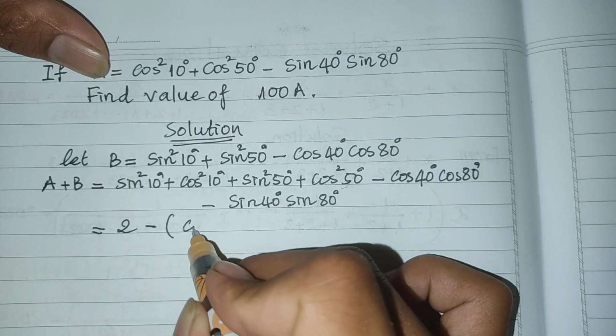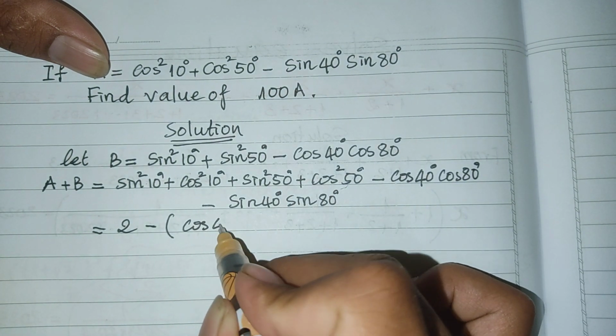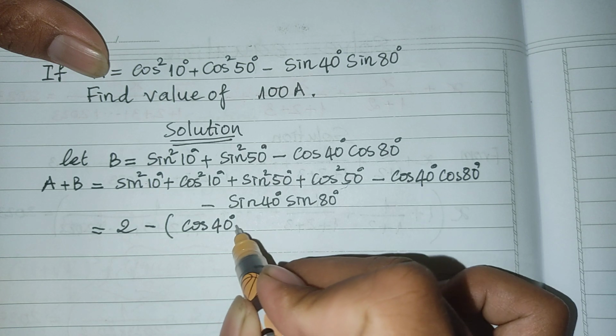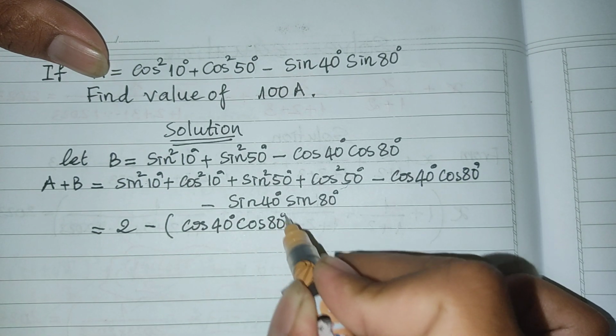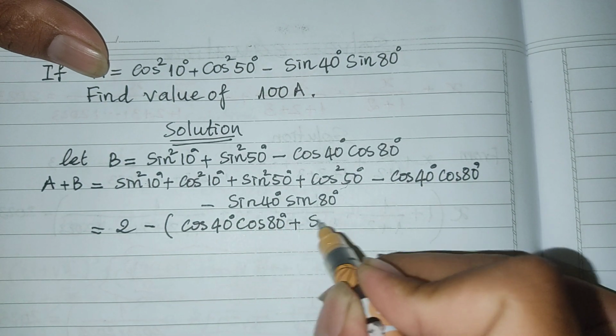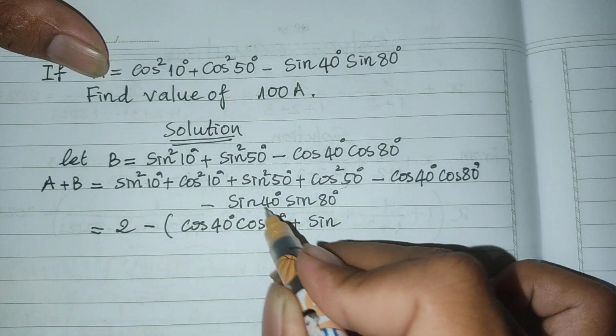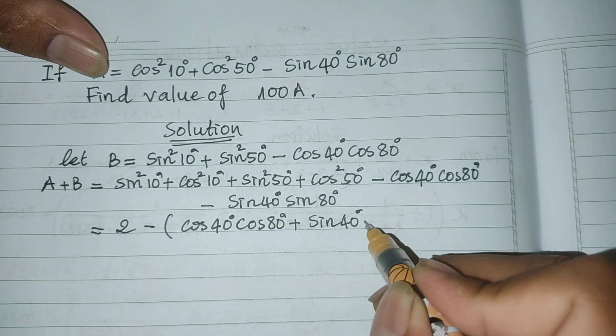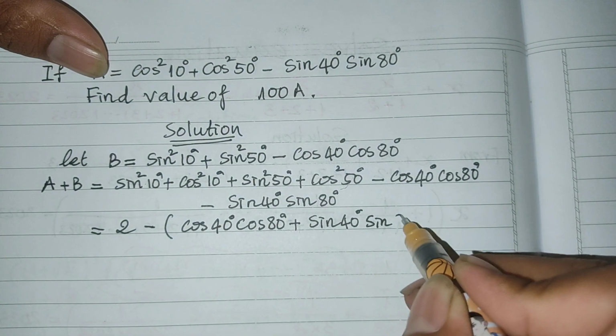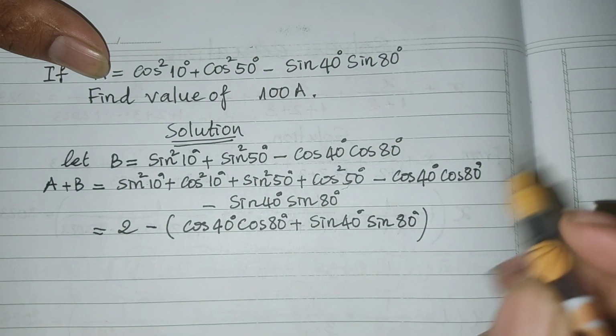So I get cosine of 40 degrees times cosine of 80 degrees plus sine of 40 degrees times sine of 80 degrees.